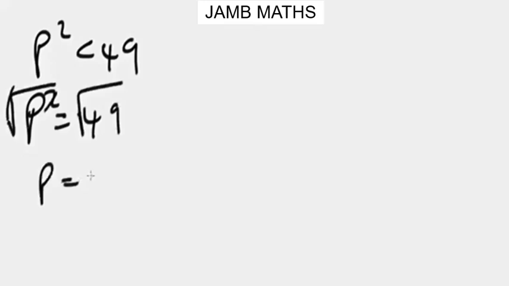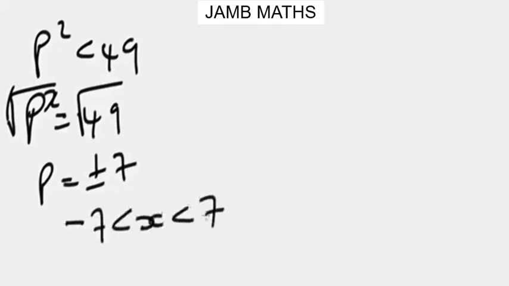So our b will be plus or minus 7. Square root of 49 is 7. So to present it using inequality convention, we will have the less than sign. So we're going to proceed from a negative value to a positive value. So it's going to give us minus 7 is less than b is less than 7. Okay, so it's as simple as that.